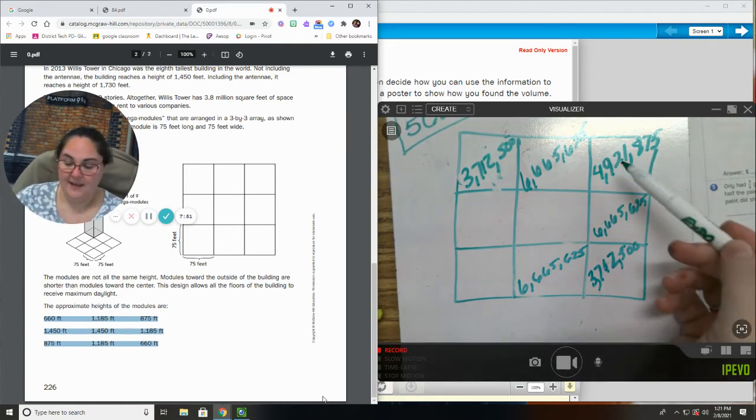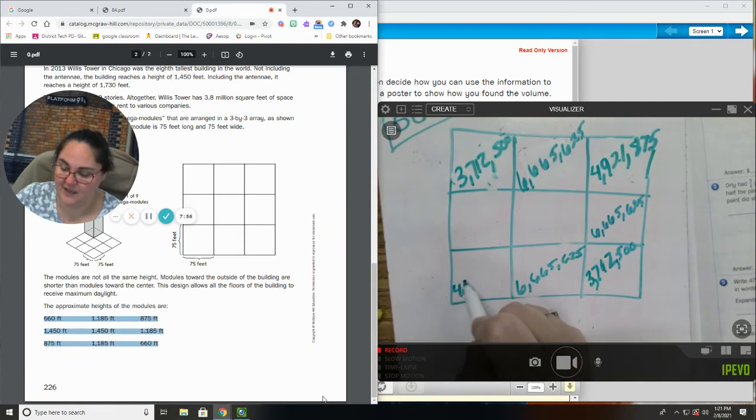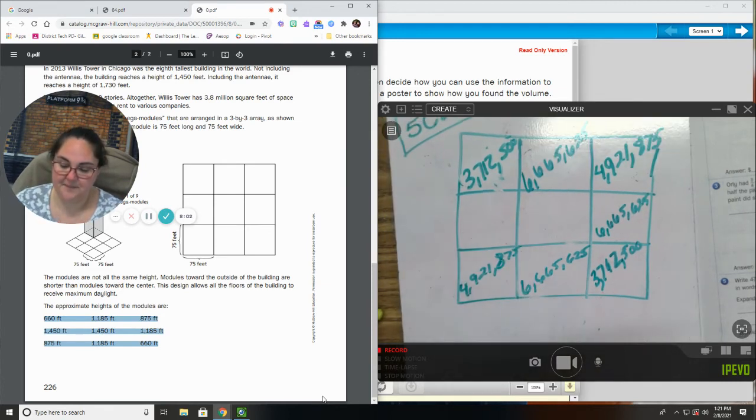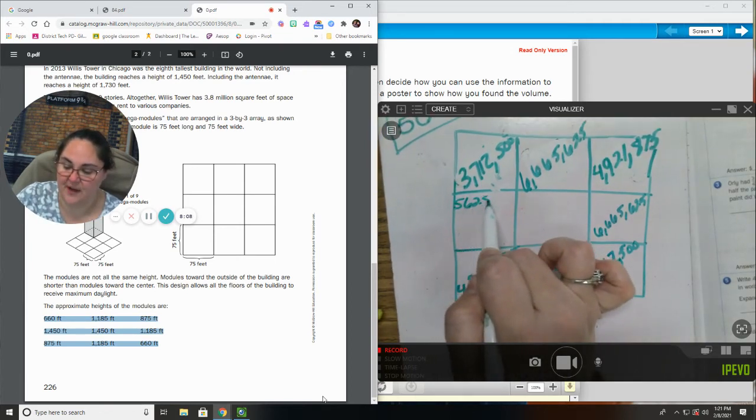And guess what? Here's that one, and also looking at my chart, it also goes here. So 4,921,875. Great. All right, we have one more height to go, and it's right here. So again, 5,625.